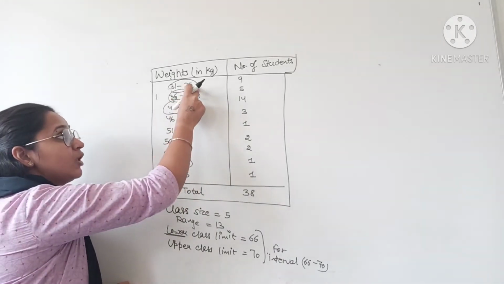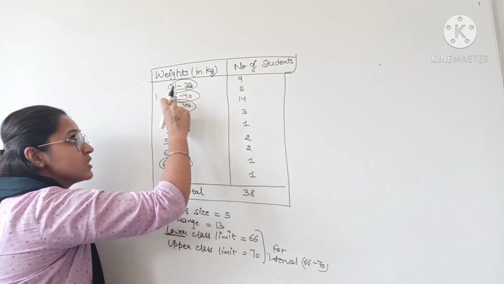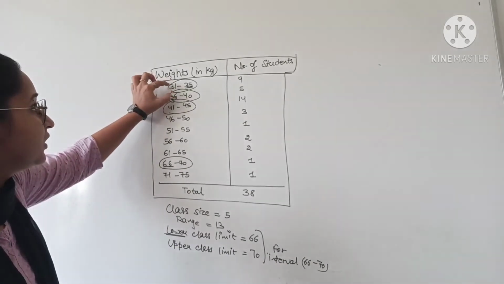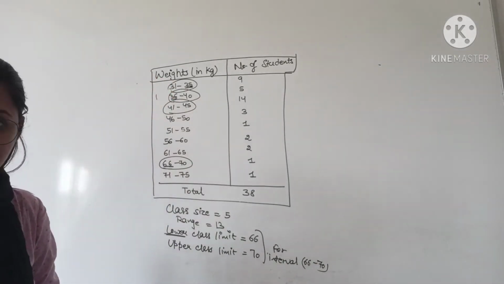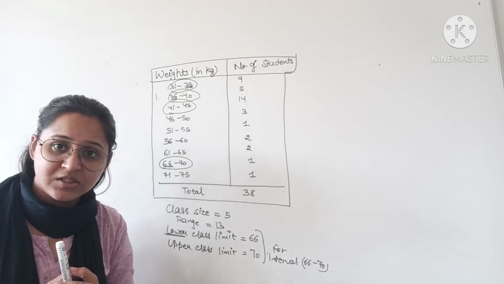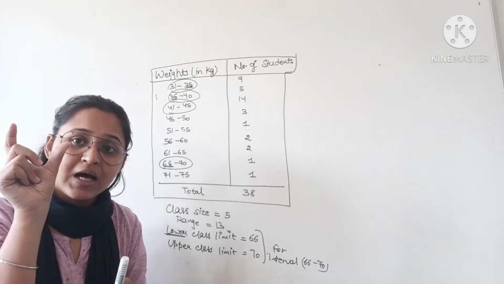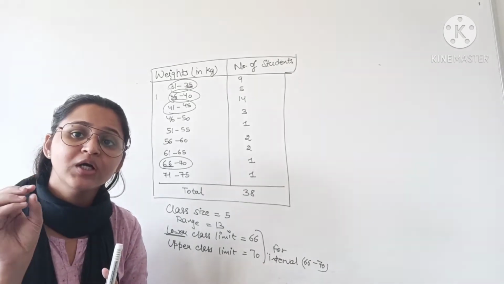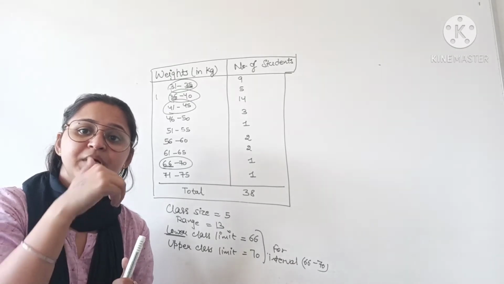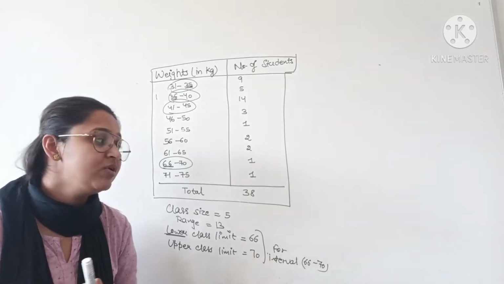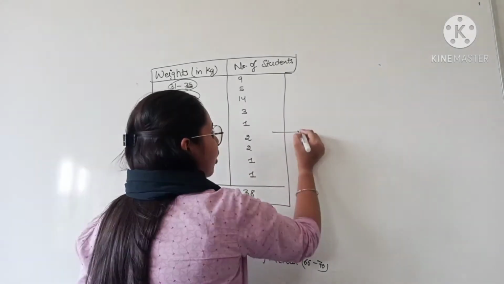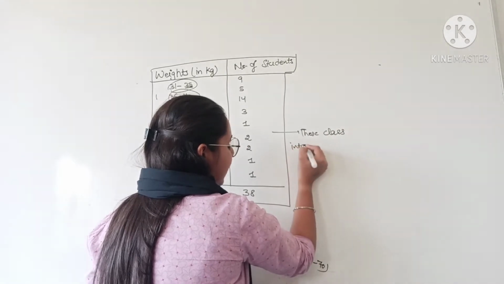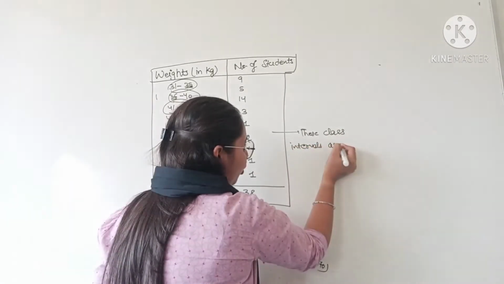That is, the upper limit of this interval is not the same as the lower limit of the next interval. Such class intervals, in which the upper class limit of the previous interval is not equal to the lower class limit of the next interval, are called non-overlapping.